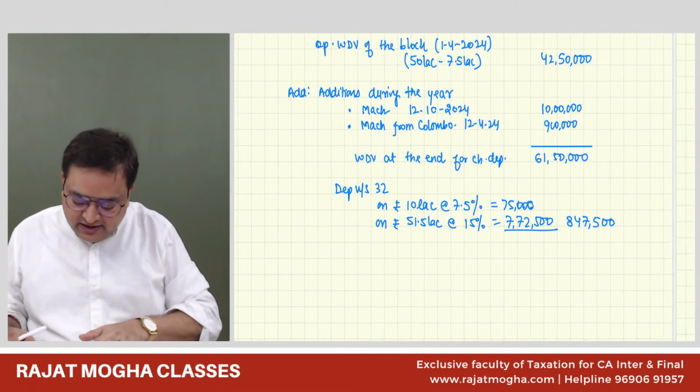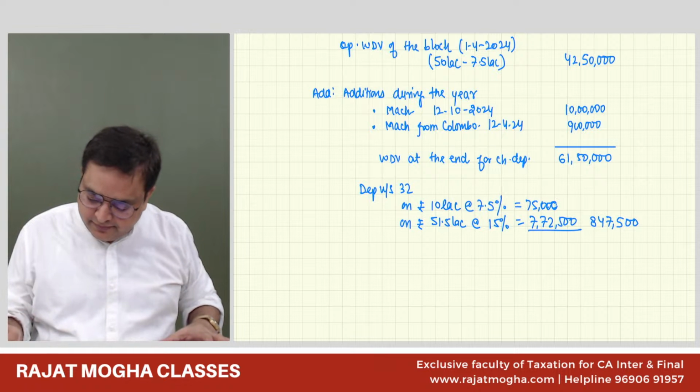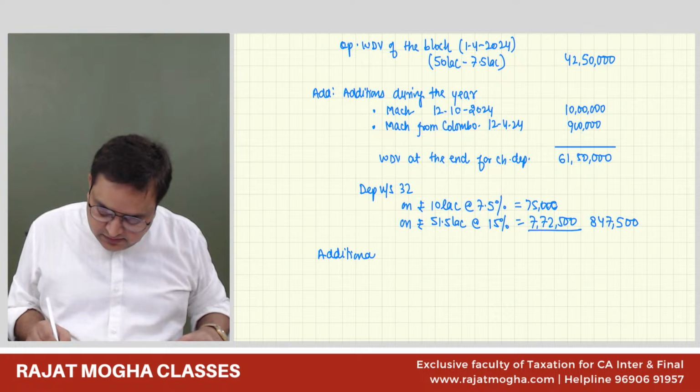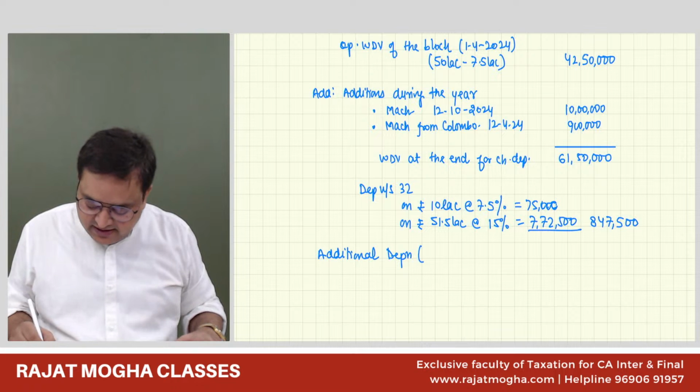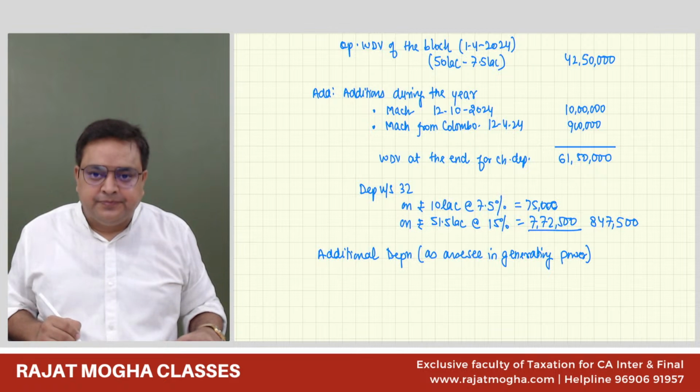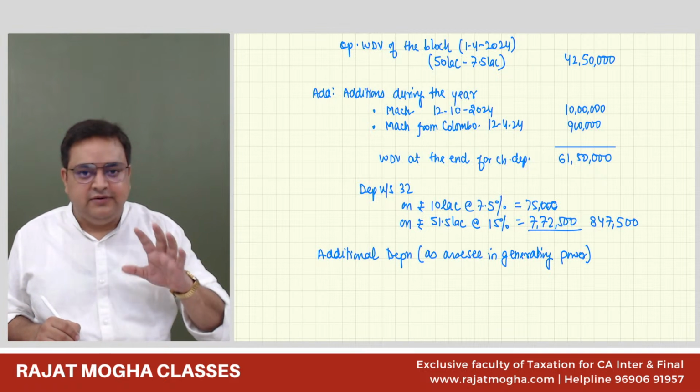And now we will charge the additional depreciation also. Why are we giving additional depreciation? As the assessee is generating power, and in the optional regime we give it.